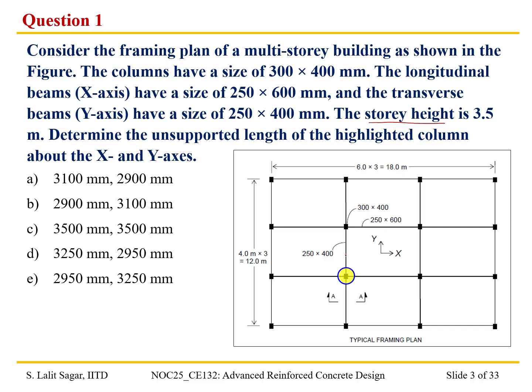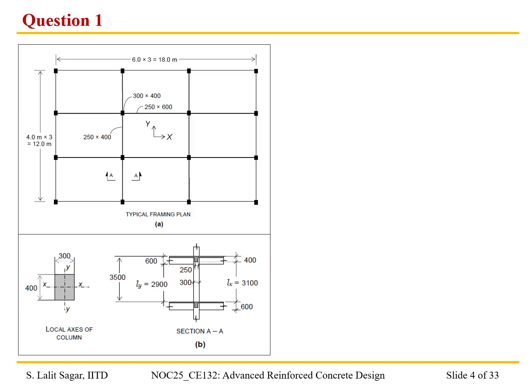Okay, that is how you find out, and we know that the beam along the transverse direction has a depth of 400 millimeter. Okay, it becomes more evident in the next slide that we're going to see, right? So in this, here it represents section AA.